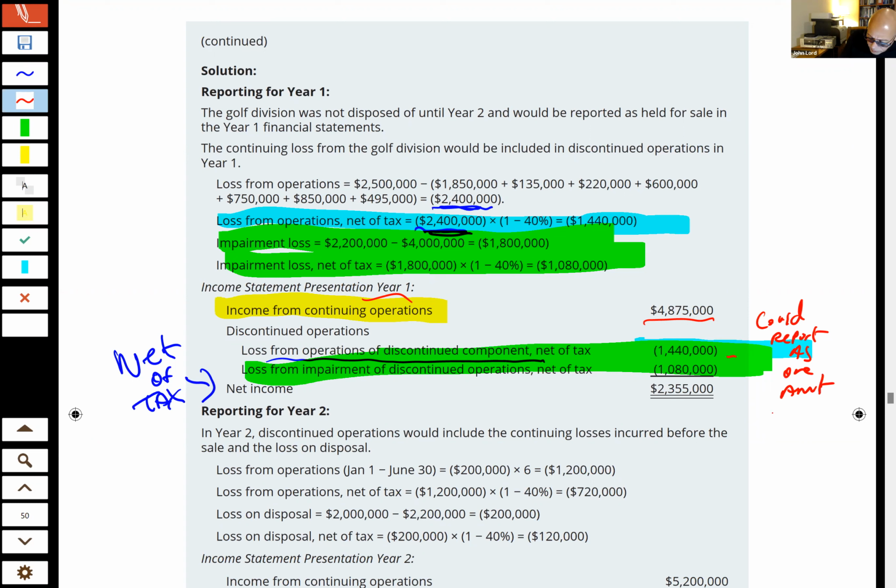And so that would be 2,520,000 if we reported it as one amount. Okay, that's okay too. And we saw that in that earlier example when we were looking at income from continuing operations. They just showed you one line item. Okay, and then we take that from our continuing operations, and that gives us our net income.